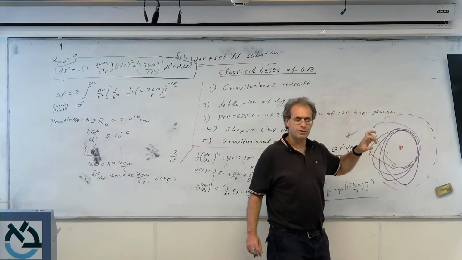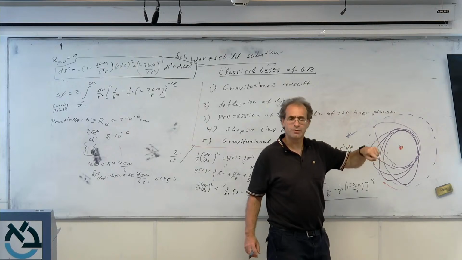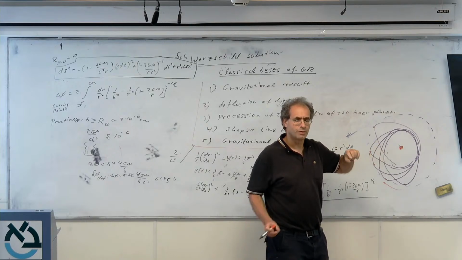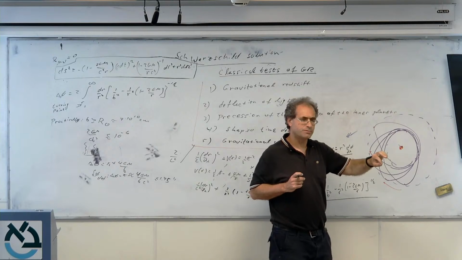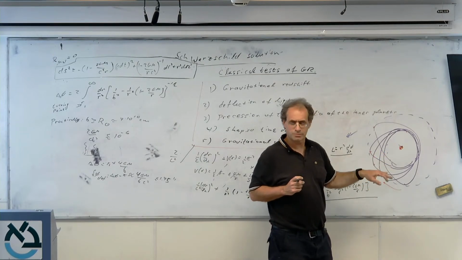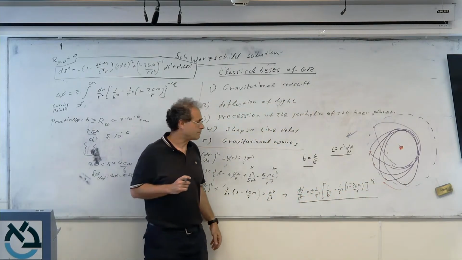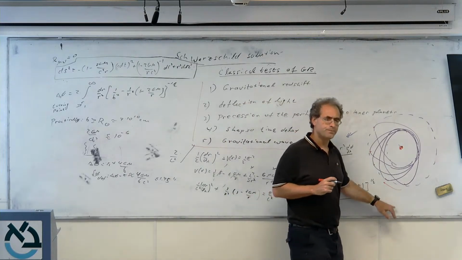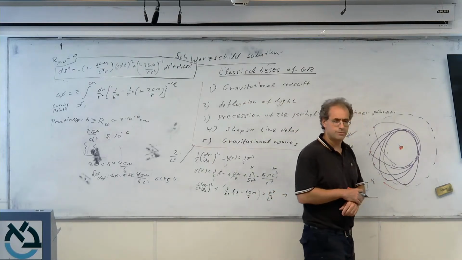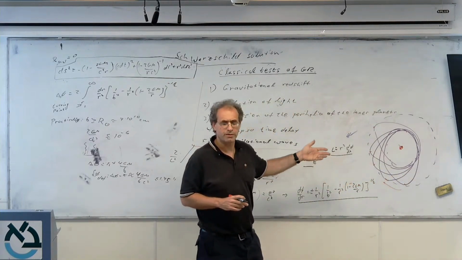The only perfection you have is if it's exactly circular orbits, namely if R minimum is equal to R maximum. When R minimum is different from R maximum, you must have this precession. You cannot avoid it. I will show it to you sometime next week. We'll find time. It just follows from the equation of motion, essentially from the Keplerian equation of motion.